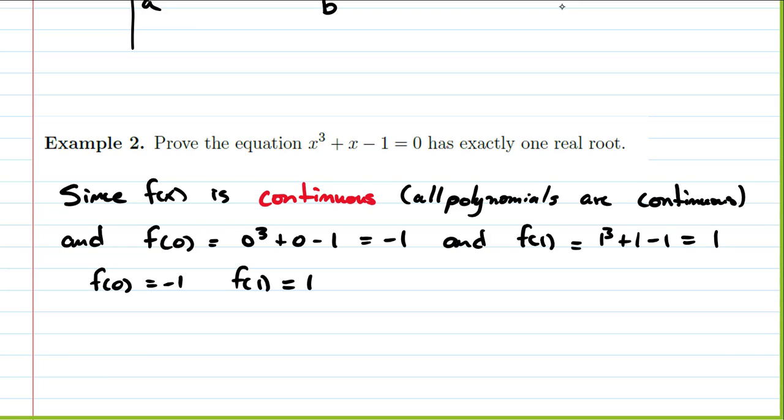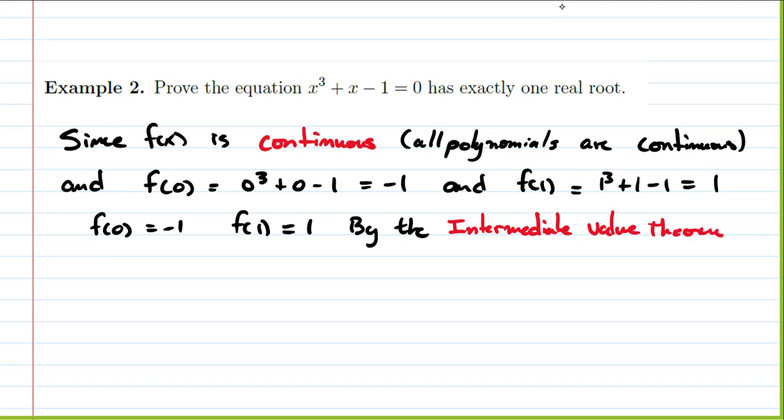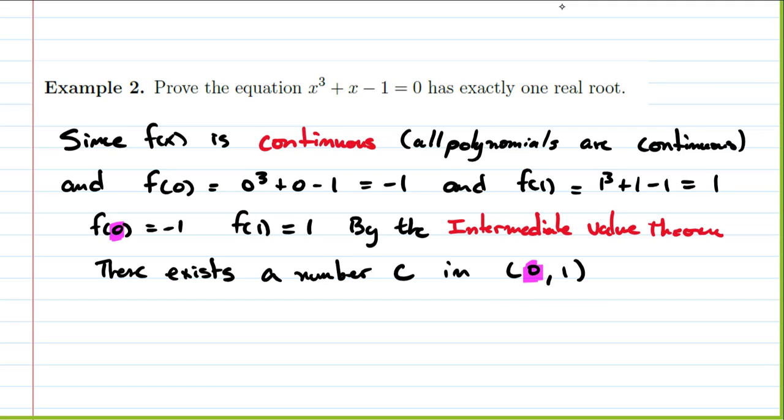So then, by the intermediate value theorem, there exists a number C in the interval (0, 1) such that f of C is equal to 0.